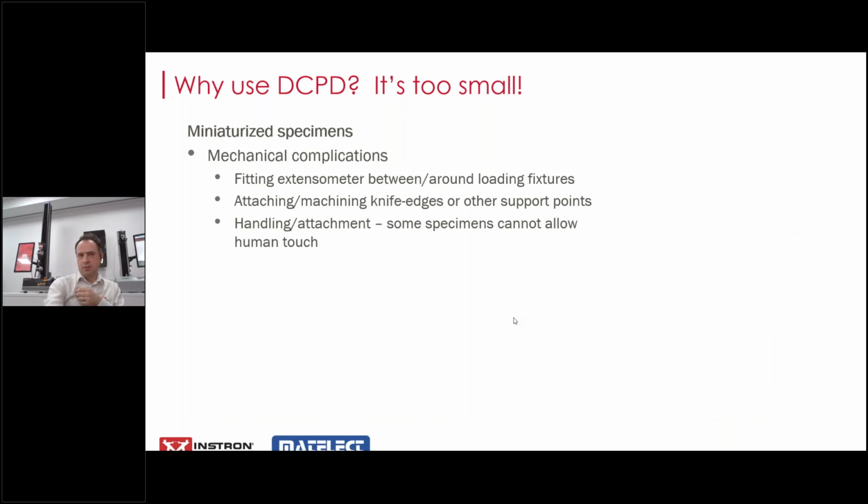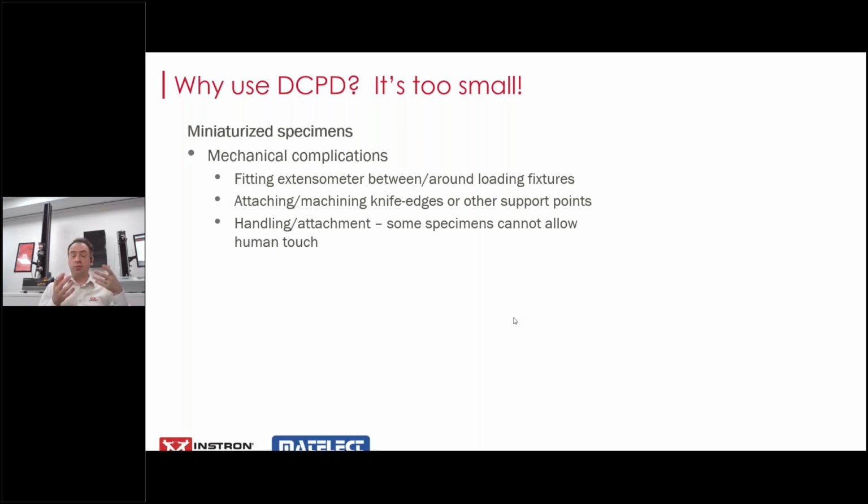What else? Next, it's too small. So for many years, certain businesses have wanted to use miniaturized specimens or very small ones. And I think there is a growing interest over the last 5 to perhaps 10 years in doing more with sections of material taken from ex-service parts, if you will.